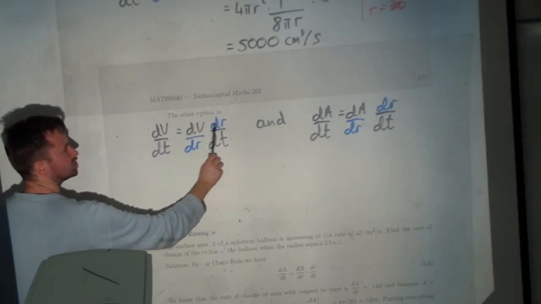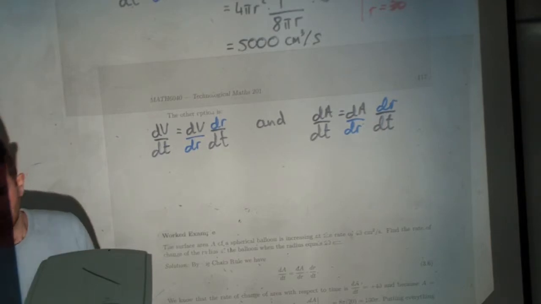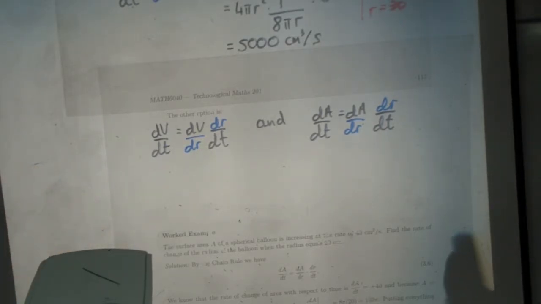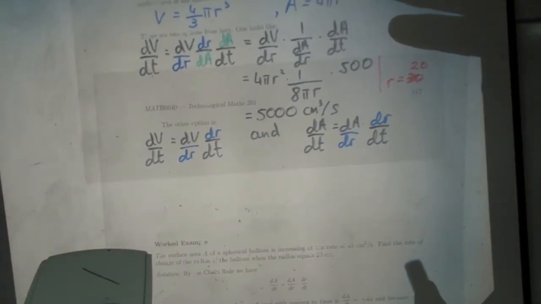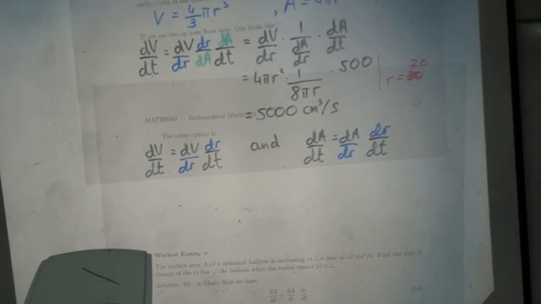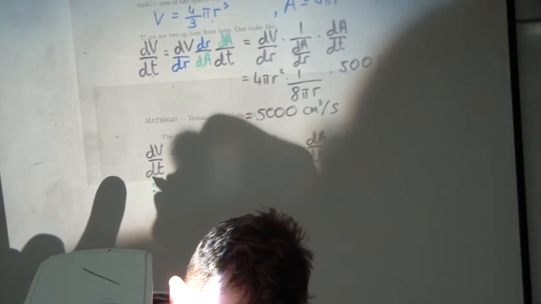You're proposing to use this. Having a little look at the question, what are we looking for in the question? The rate of change of volume when the radius is 20 centimeters. Rate of change, so what will that mean, all these symbols? So dV/dt. So this is the question. Yeah.